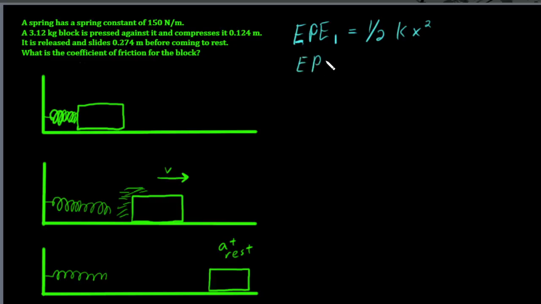So EPE at point 1 is equal to 1/2 times 150 times 1.124 squared. That's because it says that's the distance that it's compressed, and so that's what we can use.